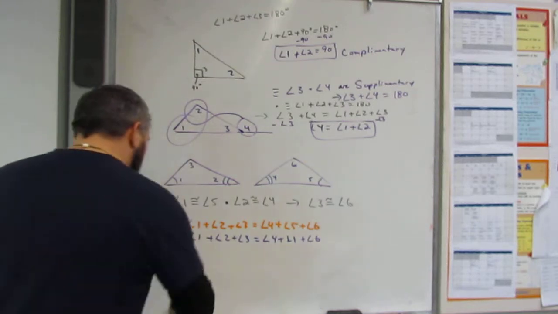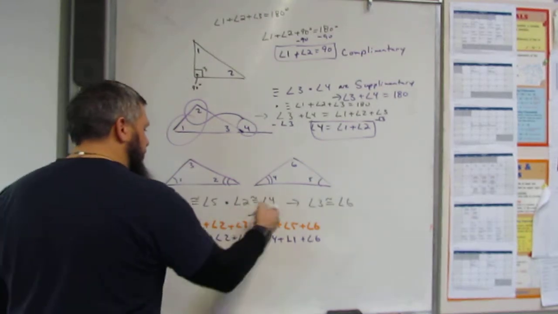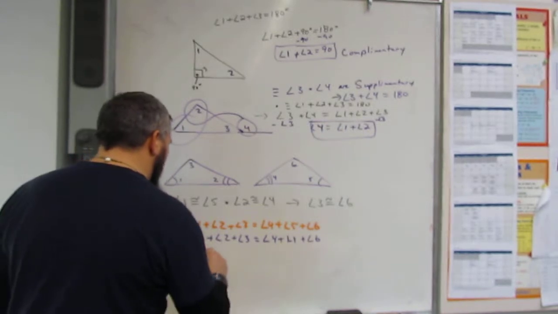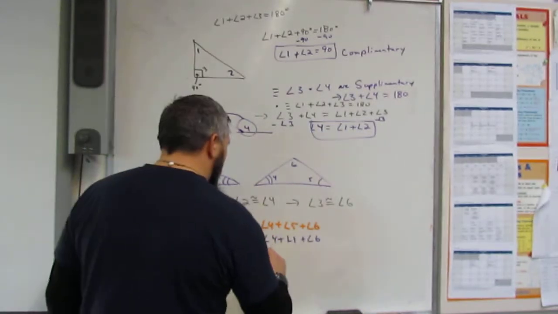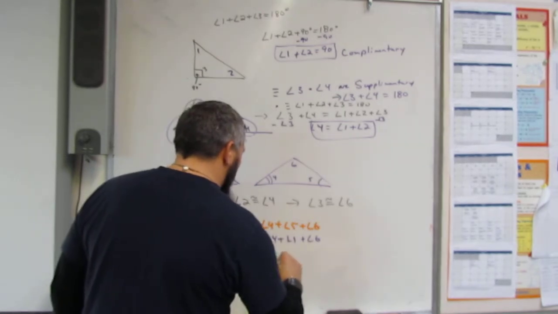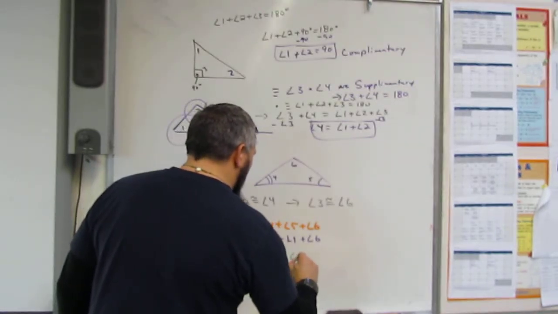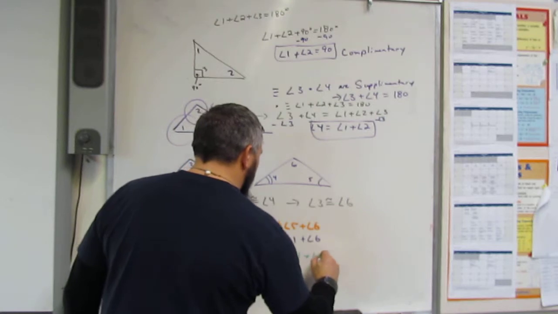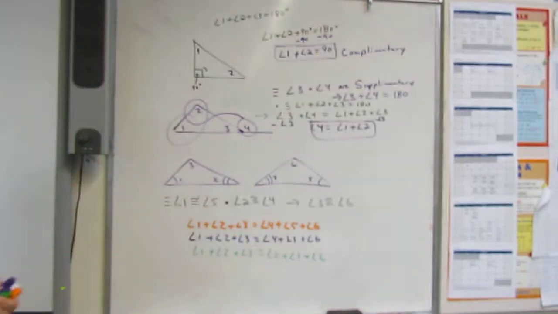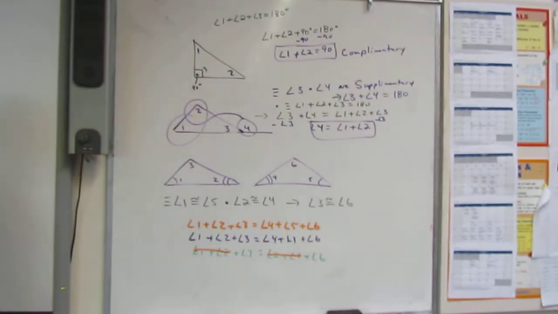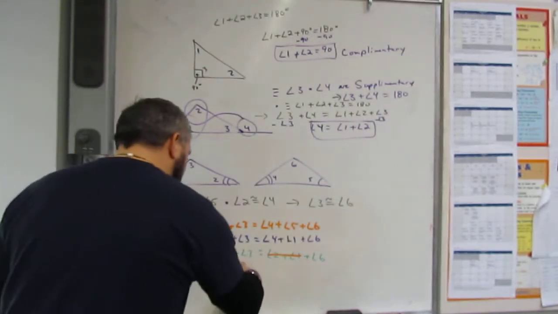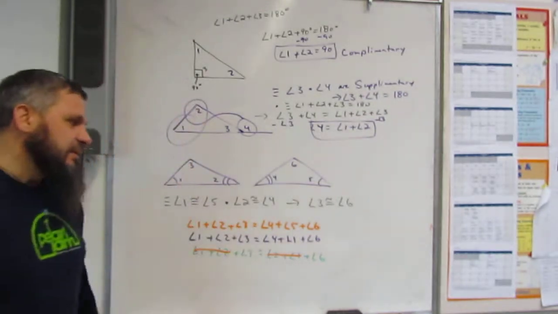And then I say, well, 2 is 4, so angle 1 plus angle 2 plus angle 3 equals angle 2 plus angle 1 plus angle 6. Then basically, I take out these that are the same. Angle 3 is equal to angle 6.